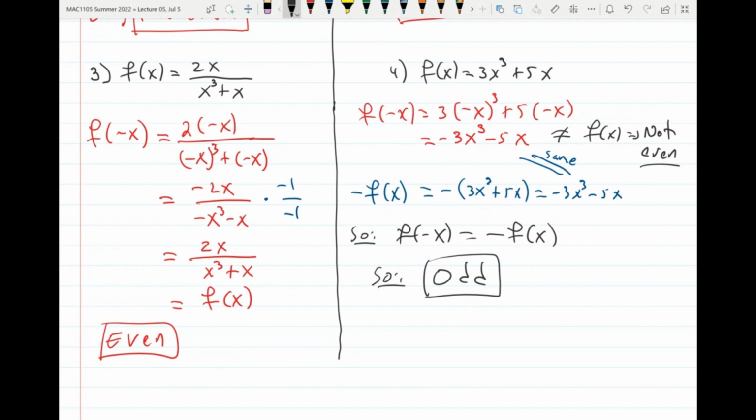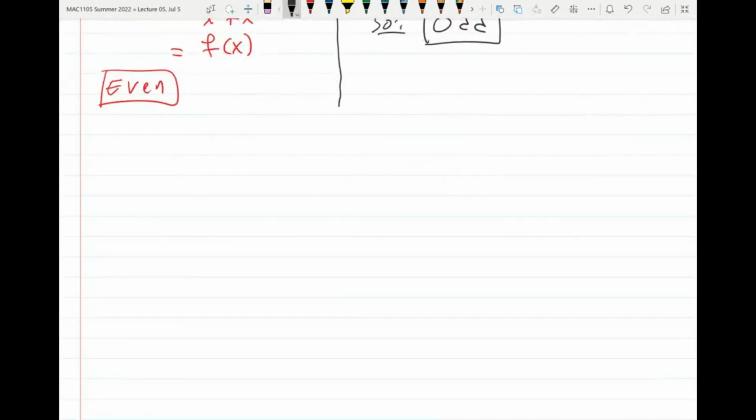Okay, so we give you a couple more. How about, let's do negative 2x cubed minus 5x.